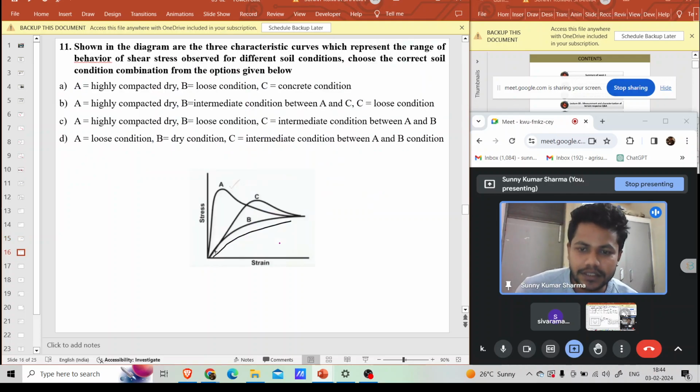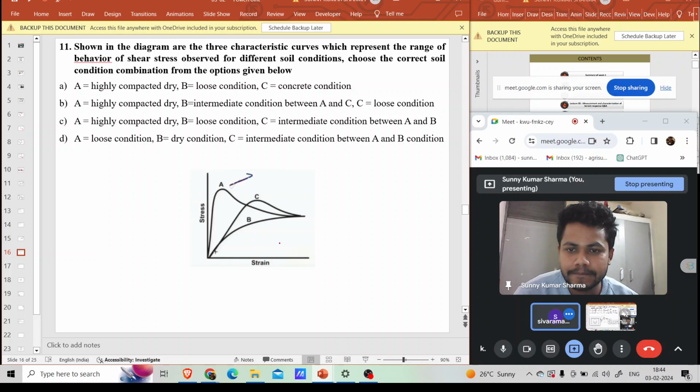So here in this curve, 3 graphs are shown. You have to tell which is for hard soil, which is for loose soil, and which is the intermediate one in this stress strain curve. A is for highly compacted, sir.